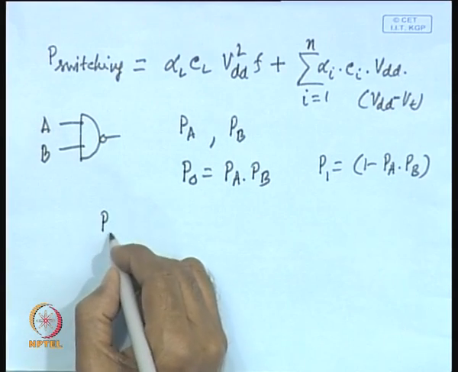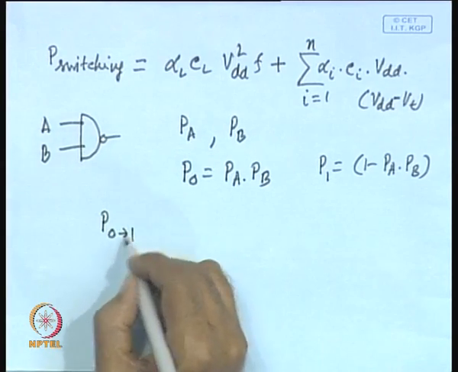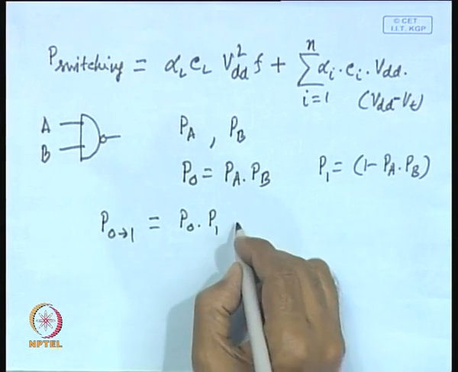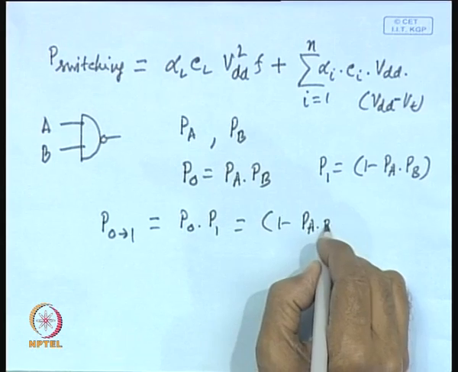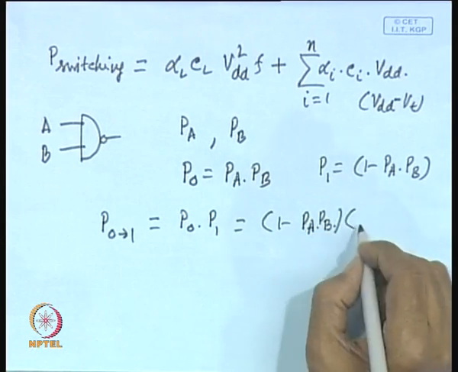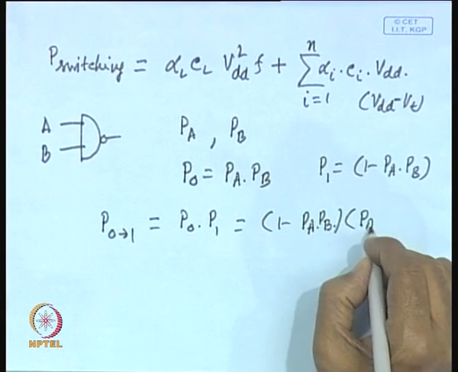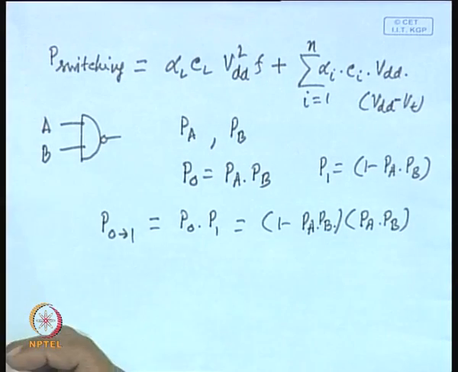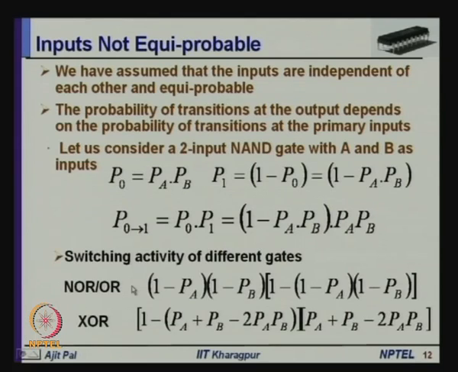Therefore, P0 to 1, which is the switching activity, will be equal to P0 into P1 for a NAND gate, which is 1 minus PA PB into PA PB. So, we find that whenever the inputs are not equiprobable, in this way we can find out the switching activity.